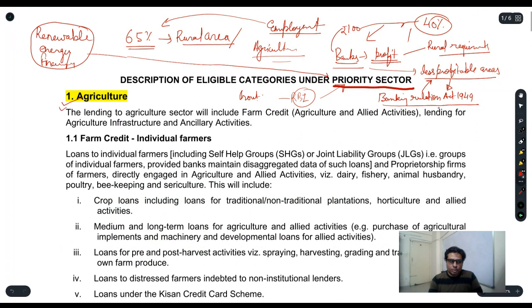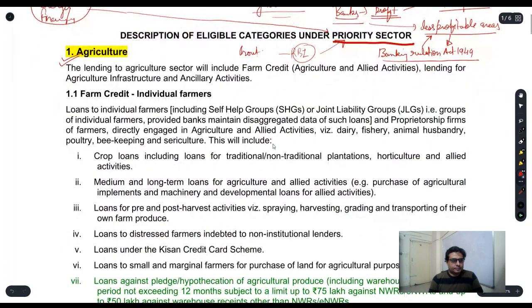Number one, the most important is agriculture. All kinds of agriculture related credit, whether individual or self-help group or joint liability group, come under the category of priority sector lending.